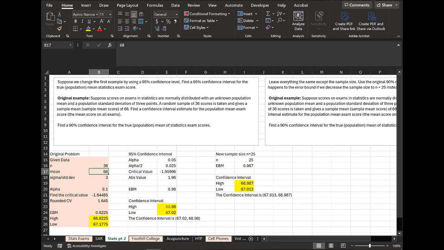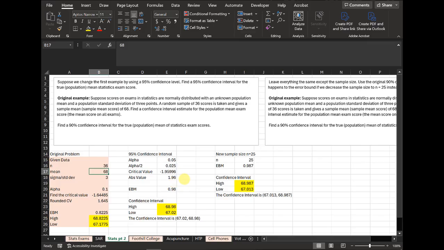That's also going to indicate that with our critical value, when we have a smaller alpha, we end up getting a higher critical value. You can see how that works when you're playing with the standard normal distribution. The other thing that's going to impact our confidence interval is the size of our sample.